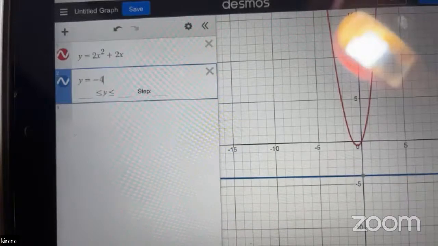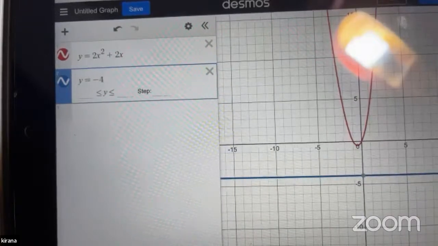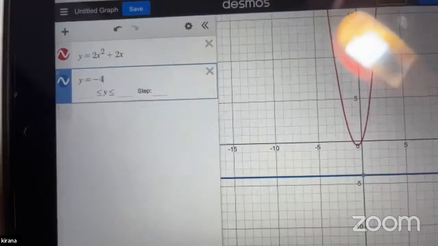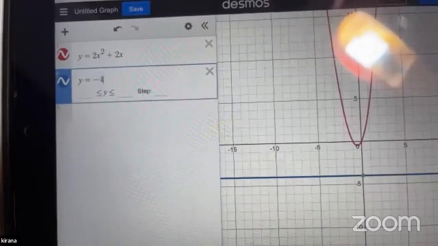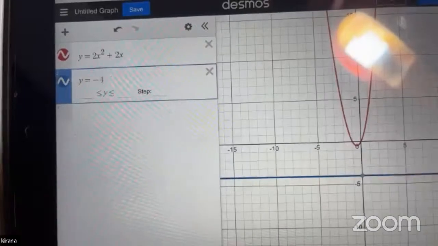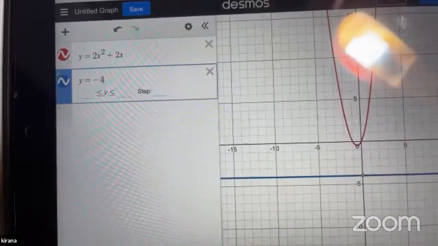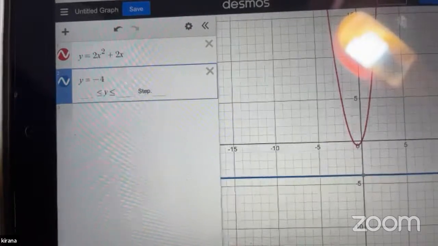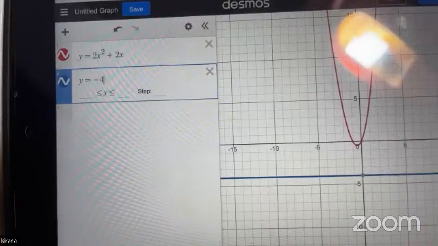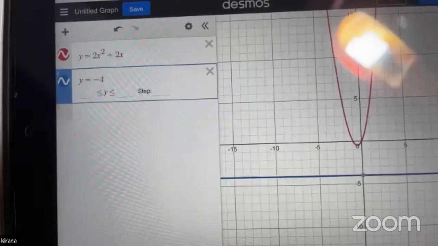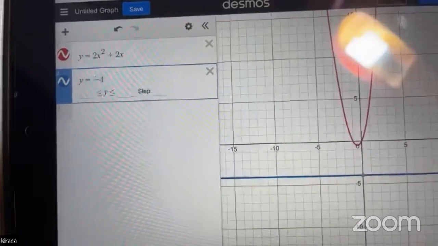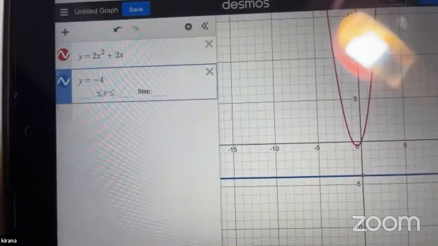What makes you think that? Or what is confusing you? If the y for the red line, the y equals 2x squared plus 2x, is negative, then it will go lower. Sorry, what are you saying, Sasi?